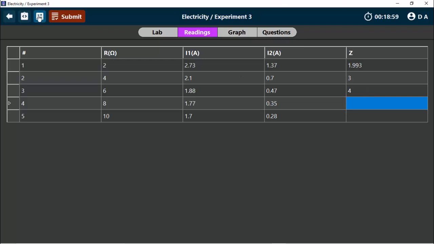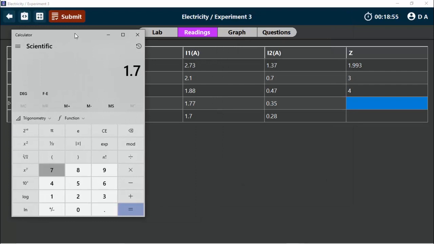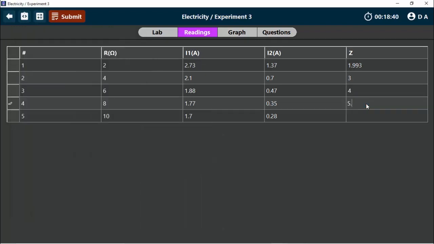The next is 1.77 divided by 0.35. That gives 5.057.